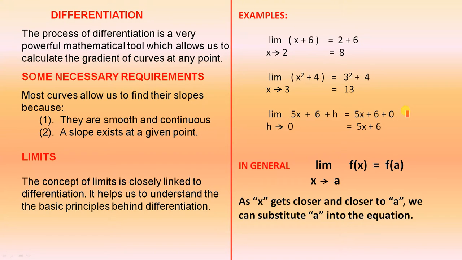The limit of 5x plus 6 plus h as h approaches 0 is 5x plus 6 plus 0, which is 5x plus 6. So in general, the limit of function x as x approaches a is function a. As x gets closer and closer to a, we can substitute a into the equation.